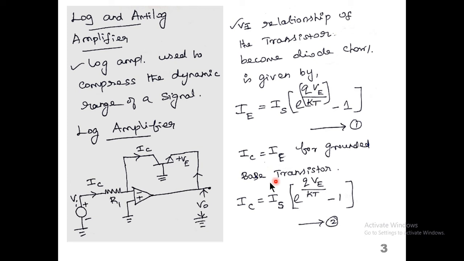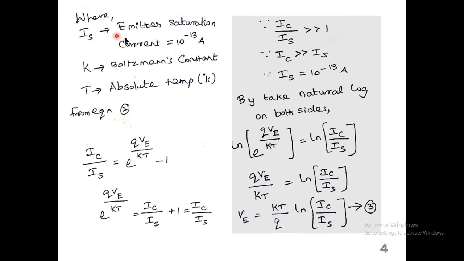Here IC equals IE for a grounded base transistor. So the collector current IC equals IS times exponential of QVE divided by KT minus 1, equation number 2, where IS is the emitter saturation current, K is the Boltzmann constant, and T is the absolute temperature in degrees Kelvin.